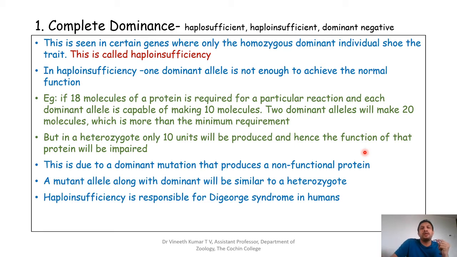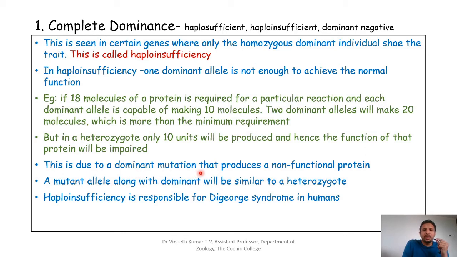You require a homozygous dominant condition to have the expression, or to have a normal function. Such conditions are referred to as haploinsufficient. Such cases are usually due to a dominant mutation that produces a non-functional protein.